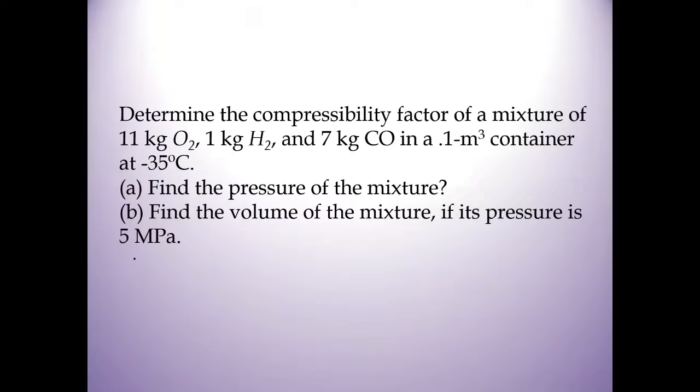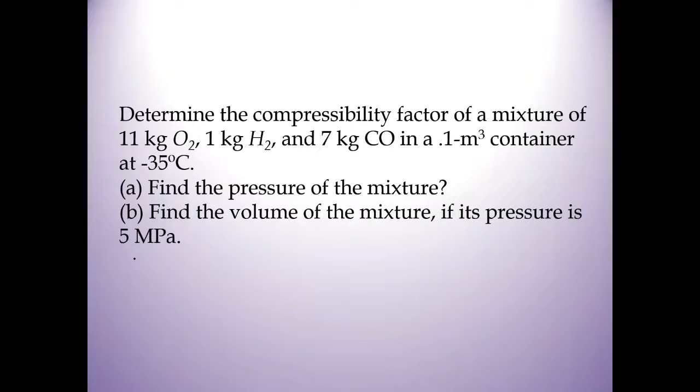Okay. Let's apply that equation, what we learned, to this problem. We have a mixture of 11 kilograms of oxygen, 1 kilogram of hydrogen, and 7 kilograms of carbon monoxide in a container that is 1/10 of a cubic meter.